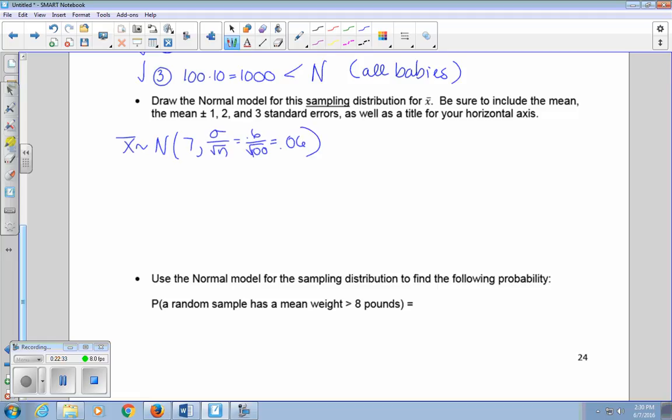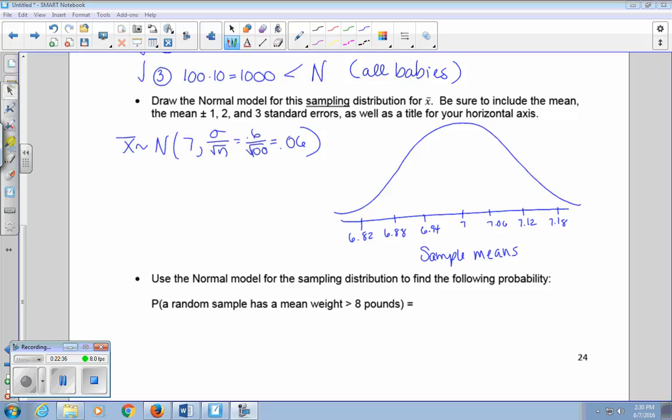So we can now draw this distribution. We want to make sure we label that this is a distribution of sample means, our X bars. They're centered at our mu 7, and you can see they spread from 6.82 to 7.18.